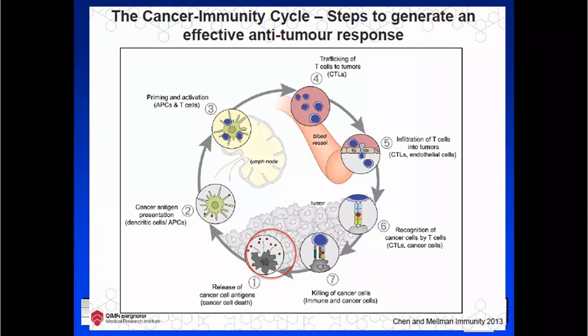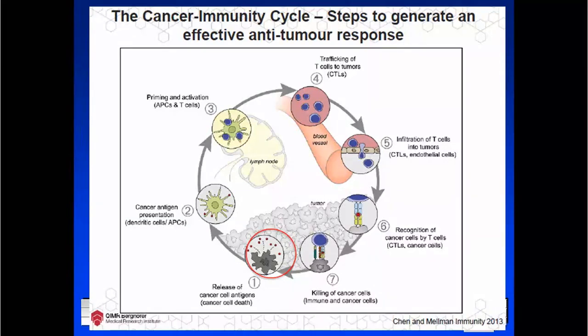T cell will act against the tumor cell by killing, and this is done by cytotoxic T lymphocytes after they infiltrate the tumor and recognize the tumor antigen, and finally kill the cancer cell.